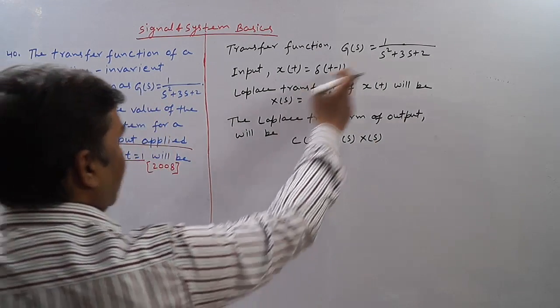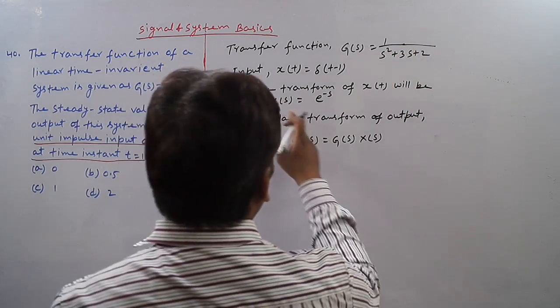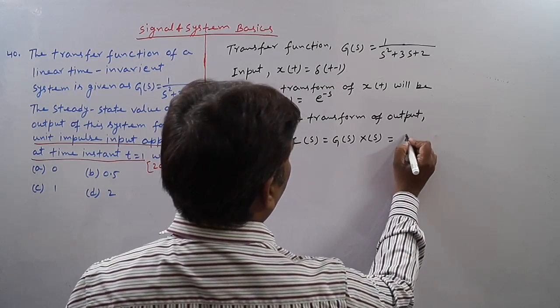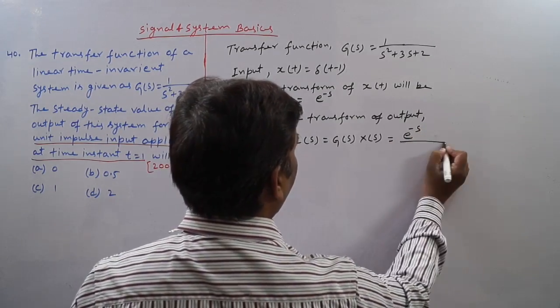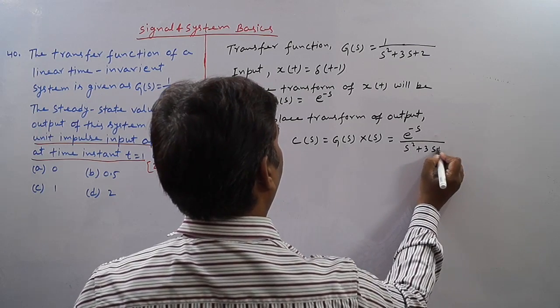So what is G(s)? G(s) is given 1 by s square plus 3s plus 2, and X(s) is also given, it is e to the power minus s. So it will be nothing but e to the power minus s divided by s square plus 3s plus 2.